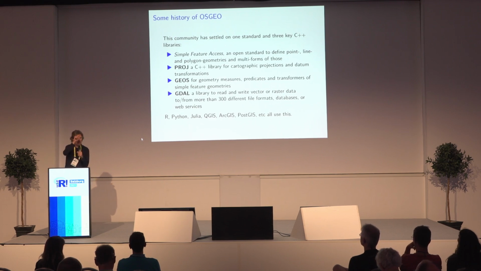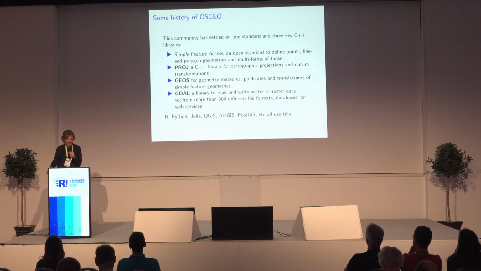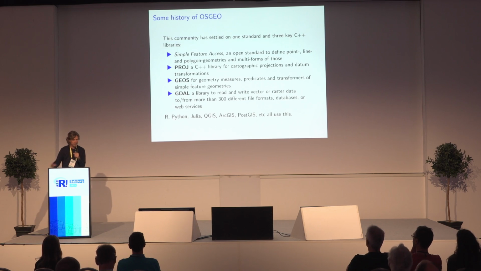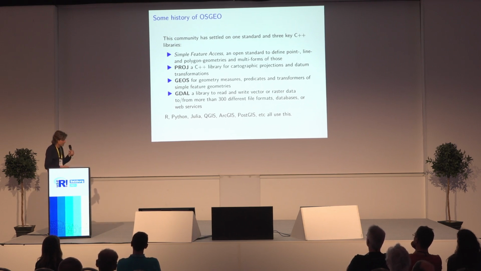It's essentially that you have points and you connect them with straight lines, whatever straight lines mean, but that's another discussion. The main thing is that there are 3 important libraries that all the open source geospatial software seems to revolve around and reuse. So if we think PostGIS, QuantumGIS, but also even systems like Google Earth Engine and so on, and even ArcGIS, they make use of these libraries.